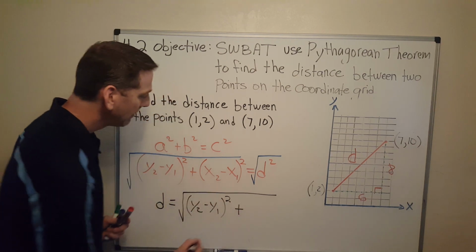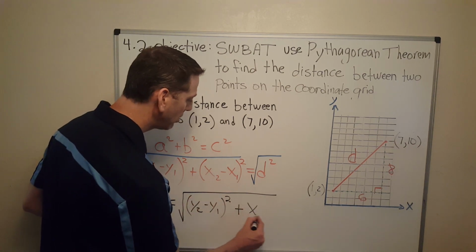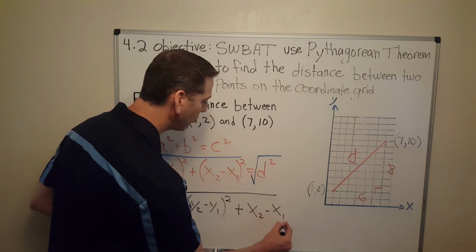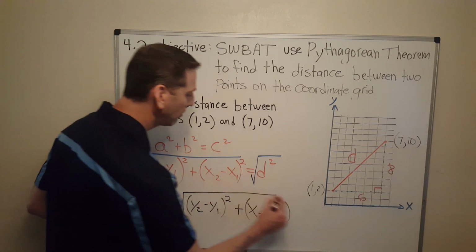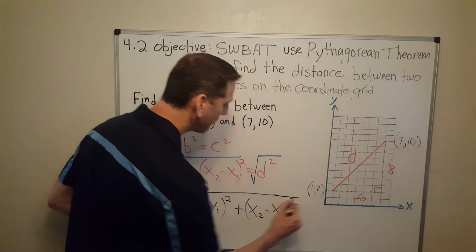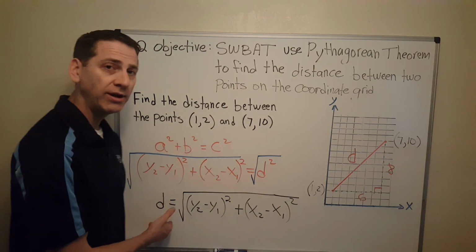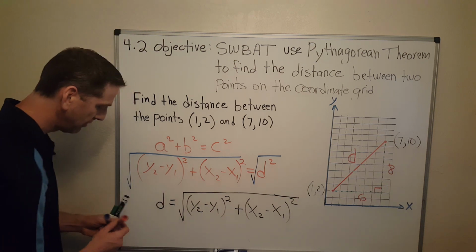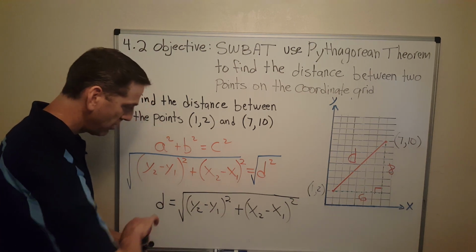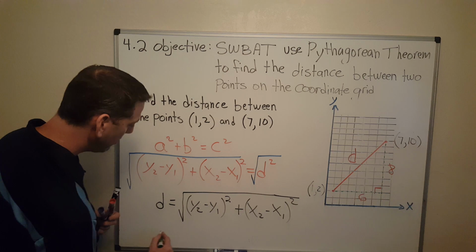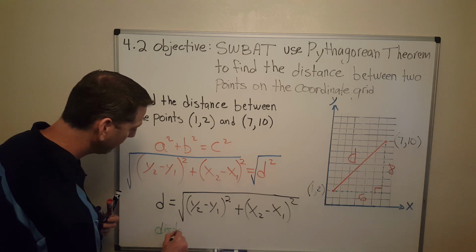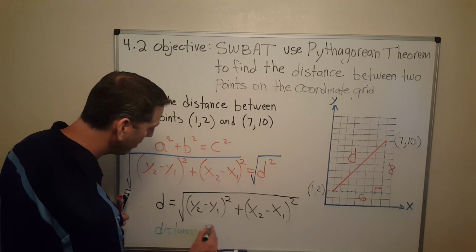plus x2 minus x1, and that's also squared. Okay? This, my friends, is called the distance formula. Put that in green. This is the distance formula.